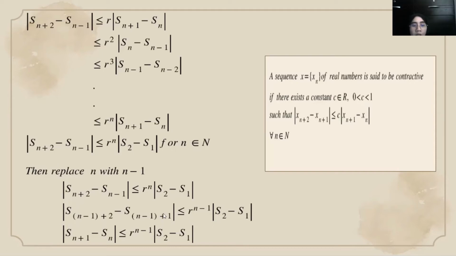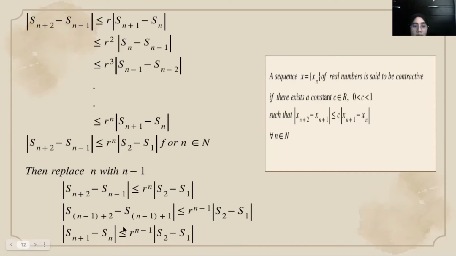Okay. And then less than or equal to R power of n, this one R power of n. So we replace n minus 1, absolute S2 minus S1. So n minus 1 plus 2 is equal to n plus 1.